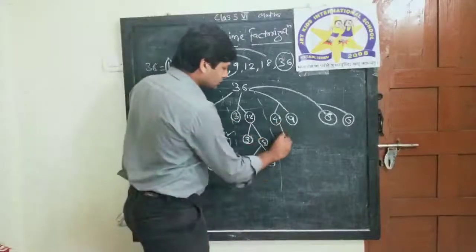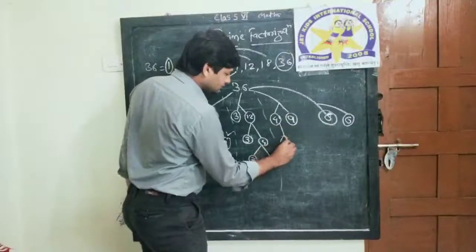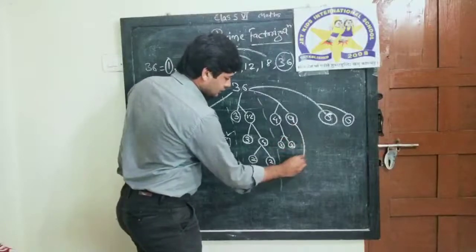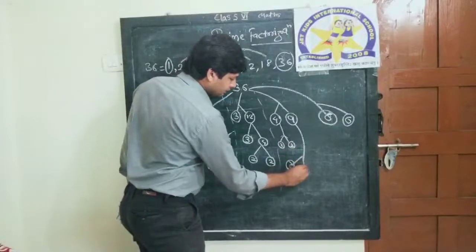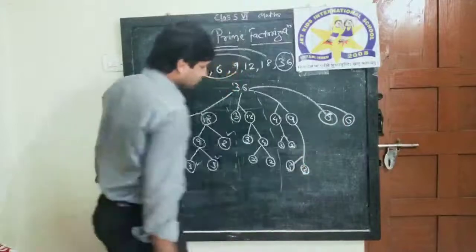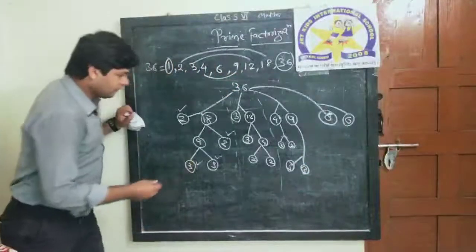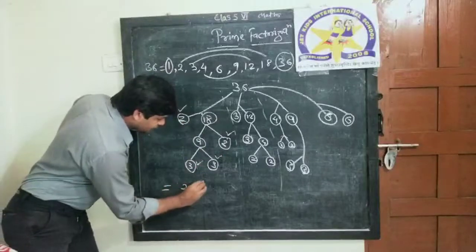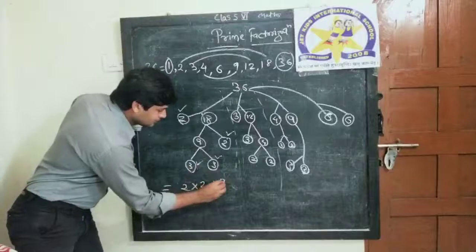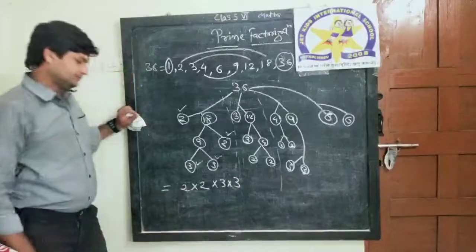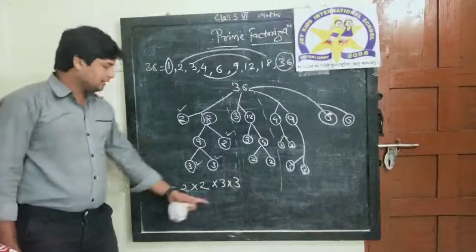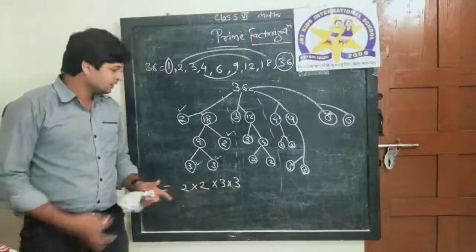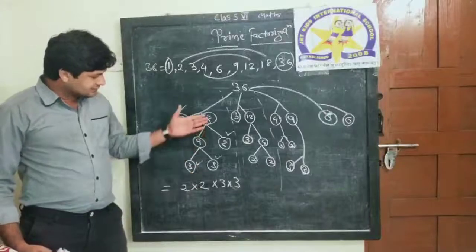Here we have 4, that is 2 multiplied by 2, and 3 multiplied by 3, and similarly over there. But see what you have here: prime factors 2, then 2, then 3, then 3. It will come to 36 only, don't worry. 2 twos are 4, 3 threes are 9, 9 fours are 36. Clear? So this is prime factorization.